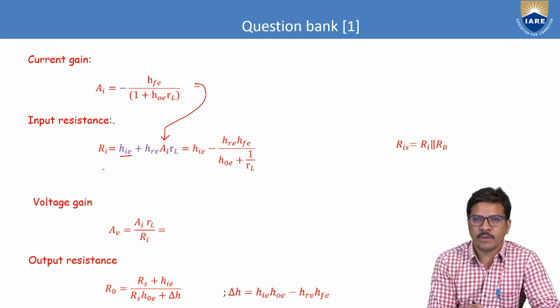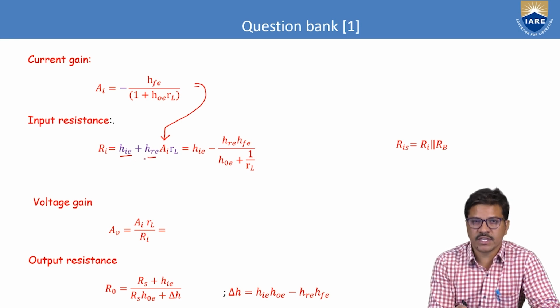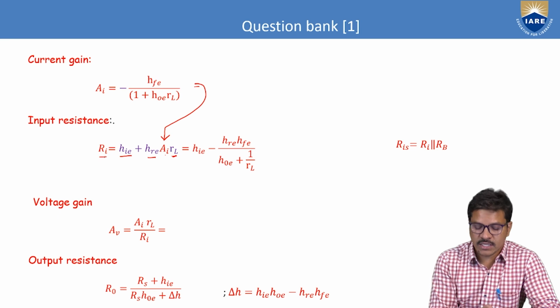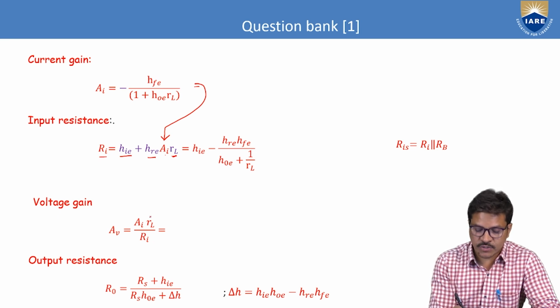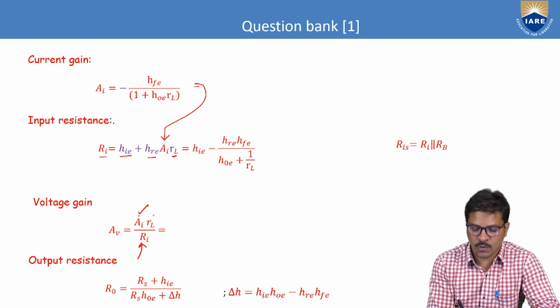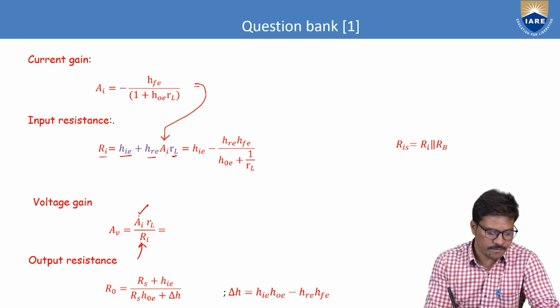HIE, the input impedance, and HRE, the reverse voltage gain, are given, AI we just found, and it is multiplied with the load resistor RL to give the input impedance. That input resistance and AI are substituted in the voltage gain: AV is equal to AI into RL divided by Ri.